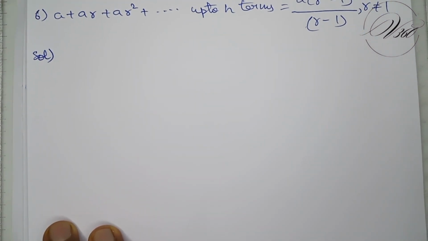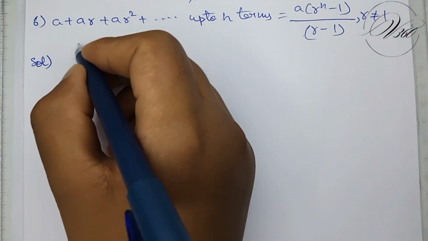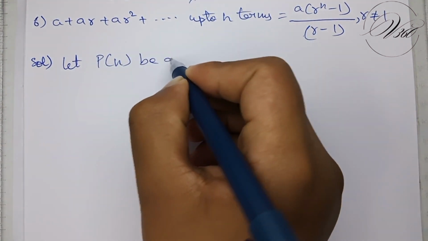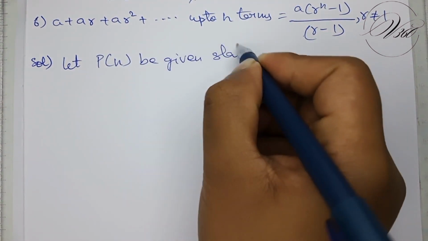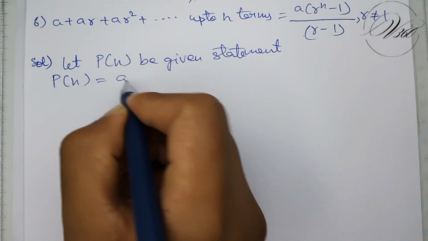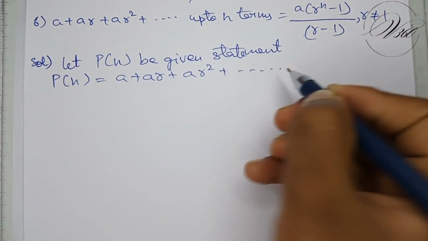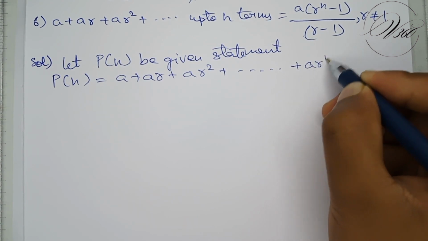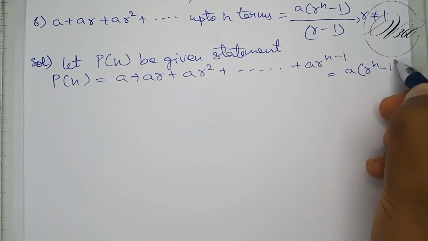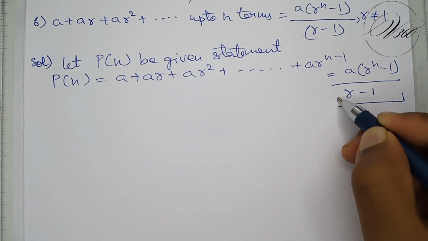Okay, the first step is: let p of n be the given statement, then p of n is equals to a plus ar plus ar square plus up to ar to the power of n minus 1, equals to a of (r to the power of n minus 1) by (r minus 1). This one is the first equation.